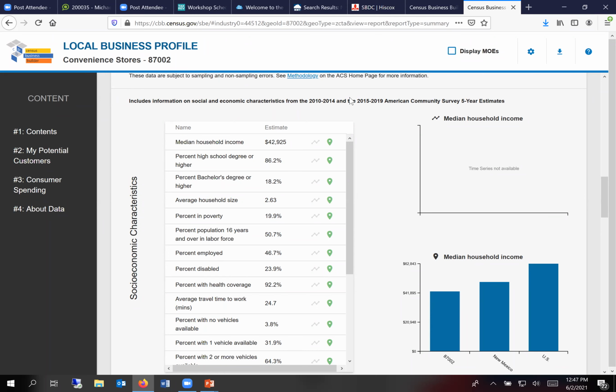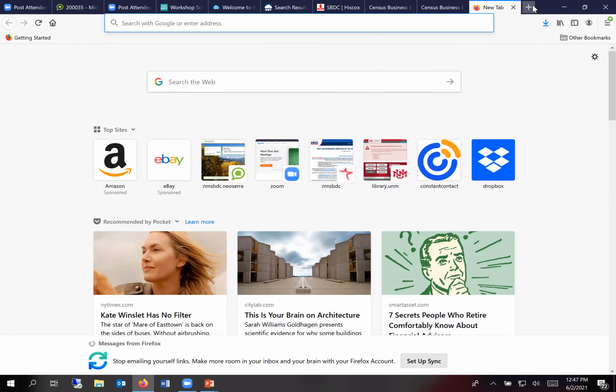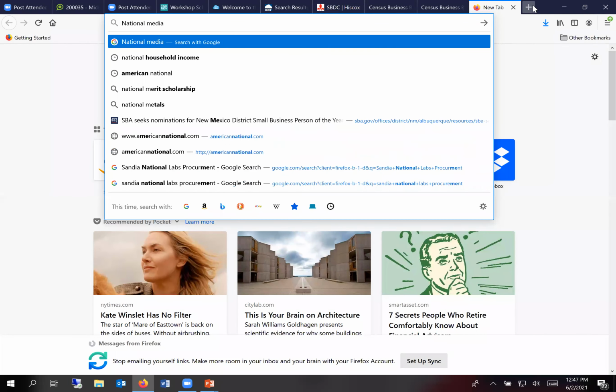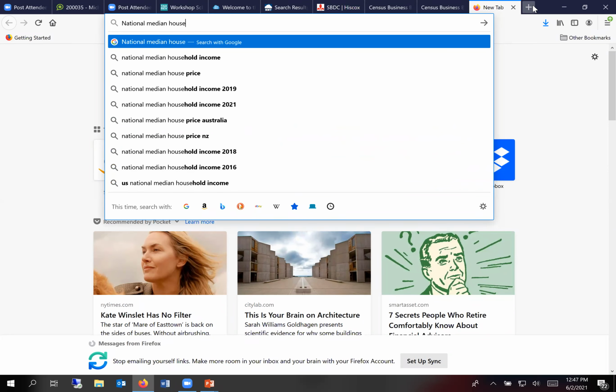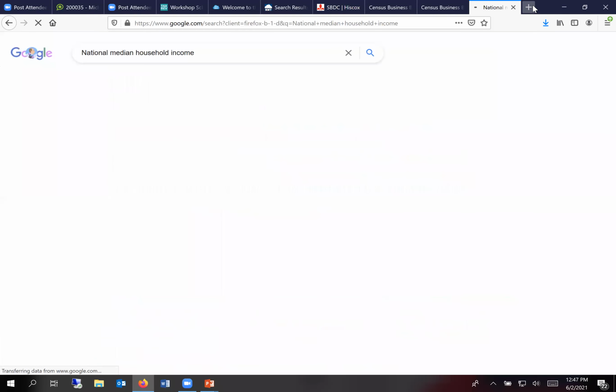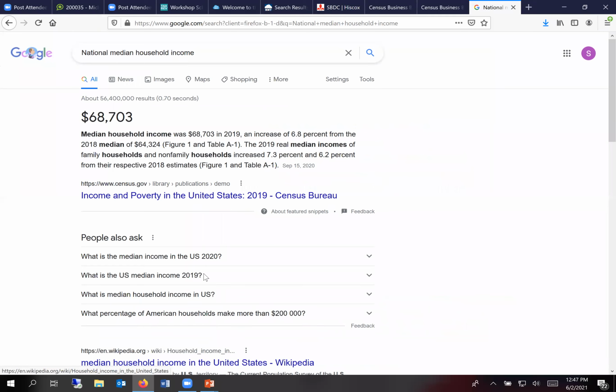But my rule of thumb is if you want to start a retail establishment, you're going to look at median household income in this area. And you're wanting to go with a place that is on par with the national median household income or above. So let's just do a quick search for the median household income. I'd probably use a more legitimate source than Google if I were doing this.